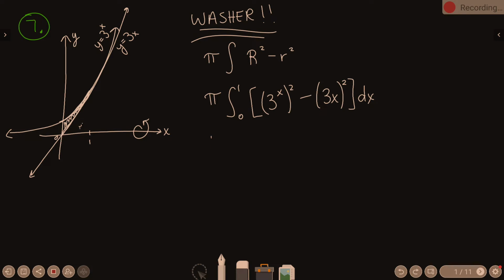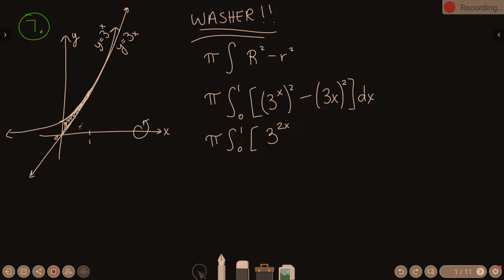Okay, I'm going to do a cleanup before I integrate here. Pi times the integral from 0 to 1. What is 3 to the power of x, squared? What happens when you raise a power to a power? 3 to the 2x. When you raise a power to a power, you end up multiplying your powers.